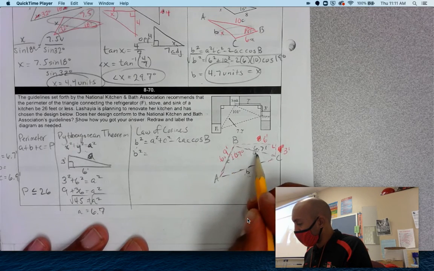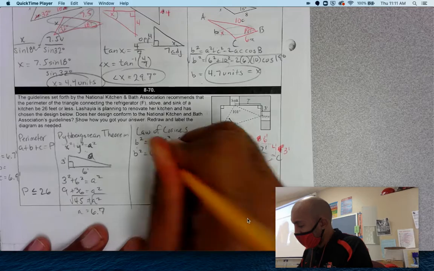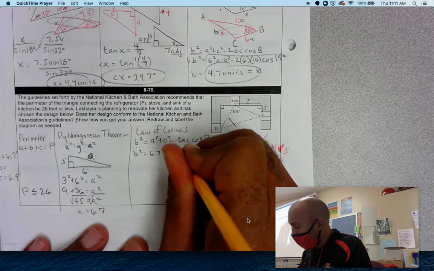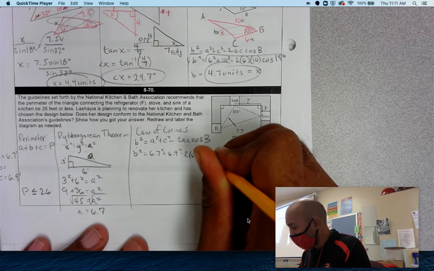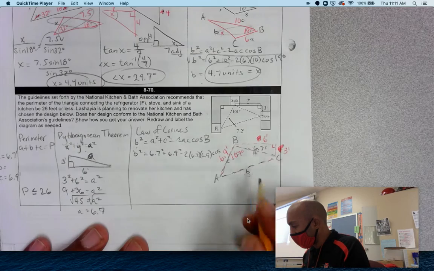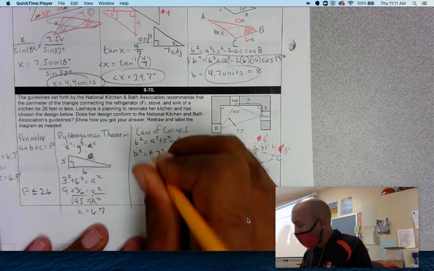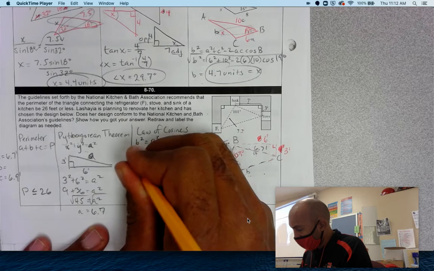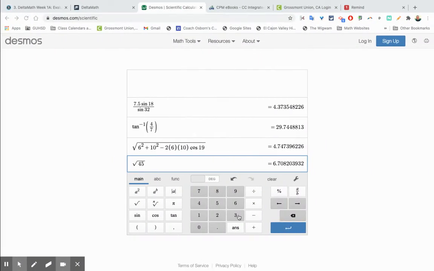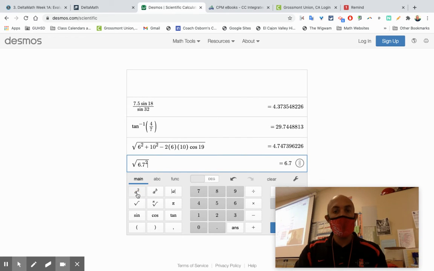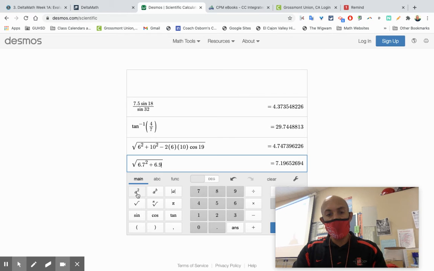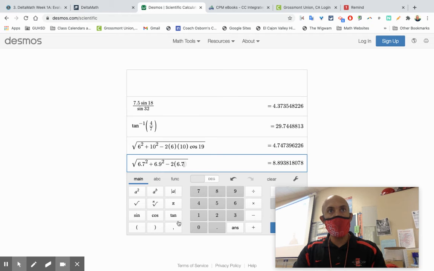So a squared would be 6.7 squared plus the 6.9 squared minus 2 times those same sides. Hopefully I don't run out of room here. Times the cosine of angle B, which is 107. And remember, we take the square root of both sides there, and we're just looking for the side. So let's plug it all in. We got a square root there already, so we'll do 6.7 squared plus 6.9 squared minus 2 times 6.7 times 6.9.